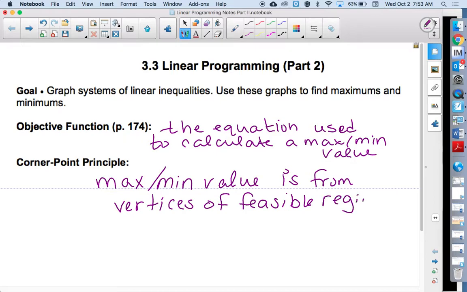And we also call those vertices the corner points because it's kind of the corners of the graph or the boundaries of the graph. So the max or min value will come from one of those corners, one of those vertices, because if it's in the middle, then it's going to give us an average value. But if it's on the edge of the graph, one of those corner points, it'll find the max or the min value for us. So one of the corner points will be a max, one of them will be a min.